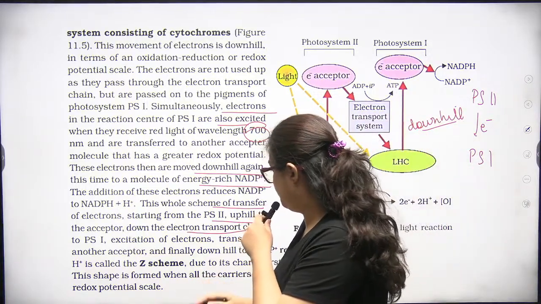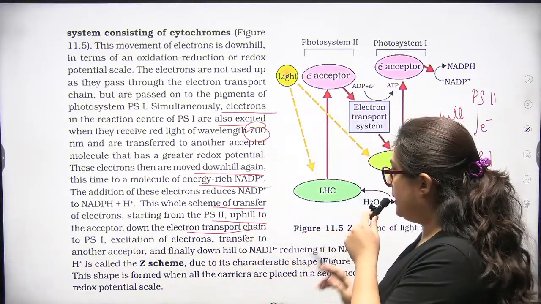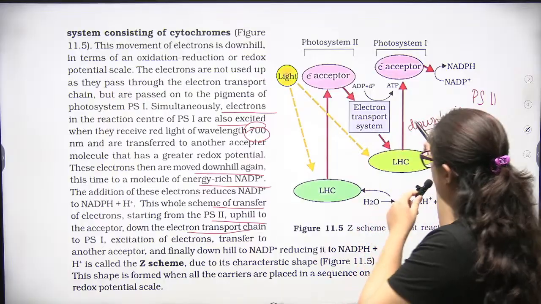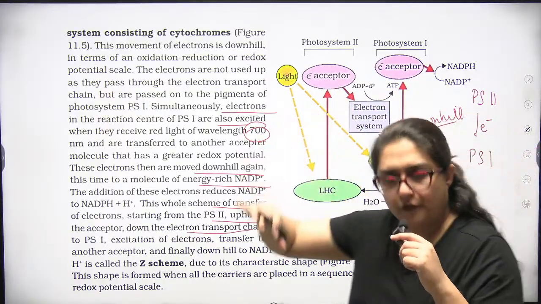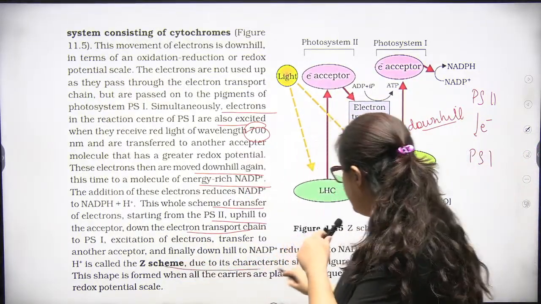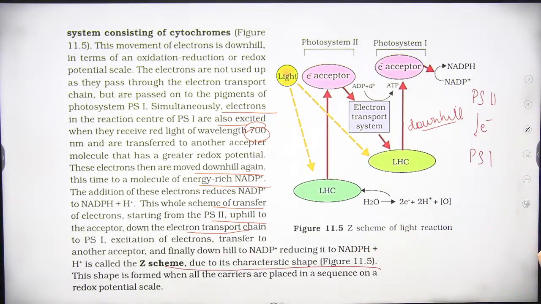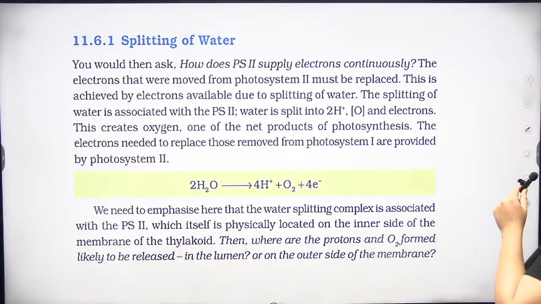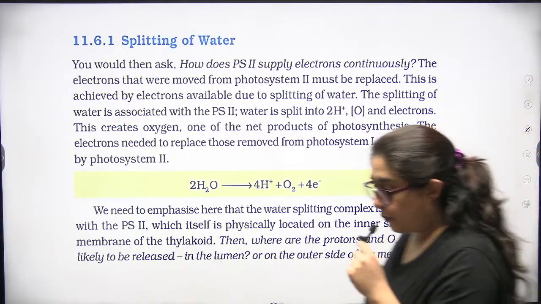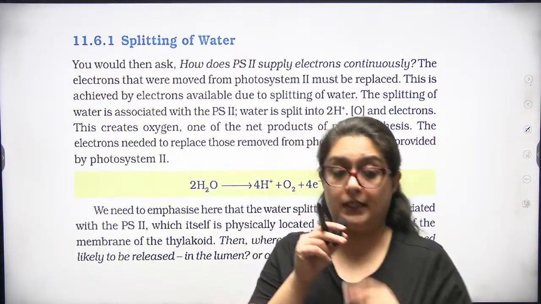Now, this graph represents the movement of electrons, the Z scheme. The shape is formed when all the carriers are placed in a sequence on a redox potential scale. Now, splitting of water is seen in photosystem.